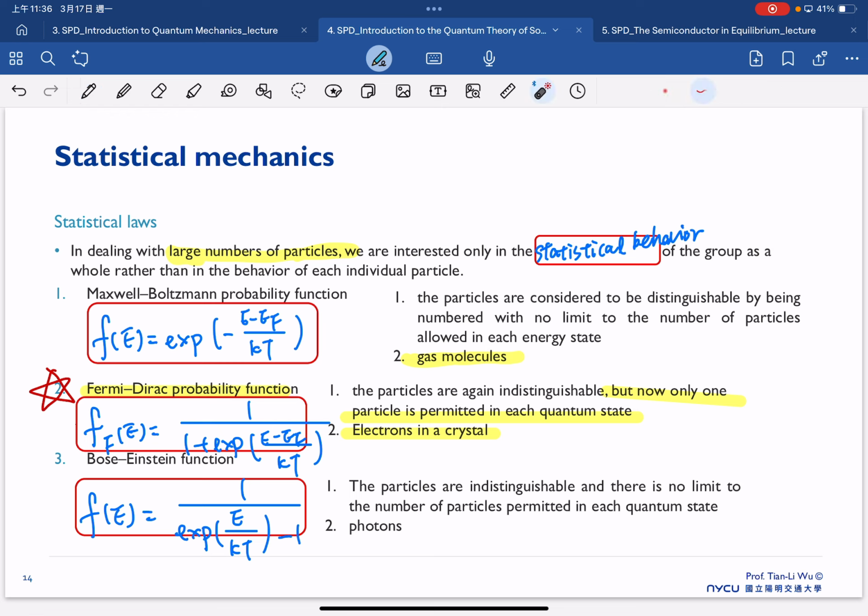The particles are indistinguishable and there's no limit on the number of particles per quantum state, but this is particularly useful for photons. So there are three general statistical laws, and we will only use the second one, the Fermi-Dirac probability function, because that's very suitable for the physics based on electrons.